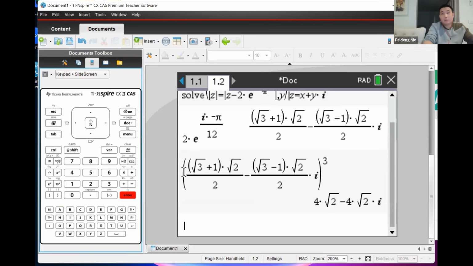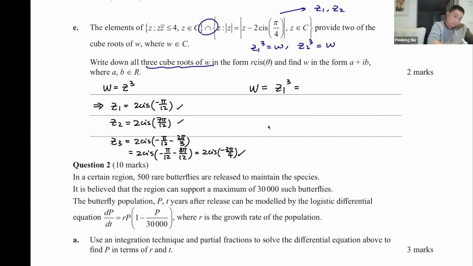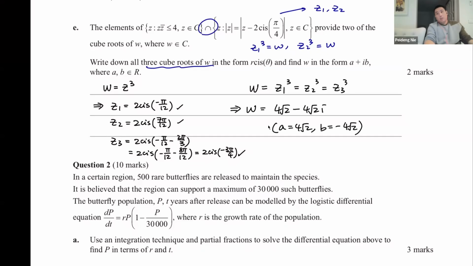So I'll write this down for our w value. Which means my a is 4 root 2 and b is just minus 4 root 2. So, ta-da, question 1 finished.